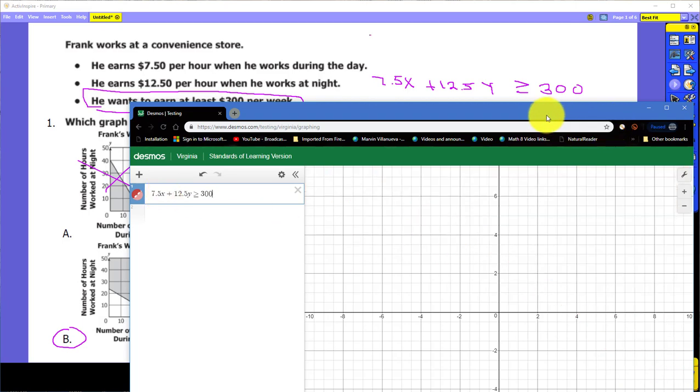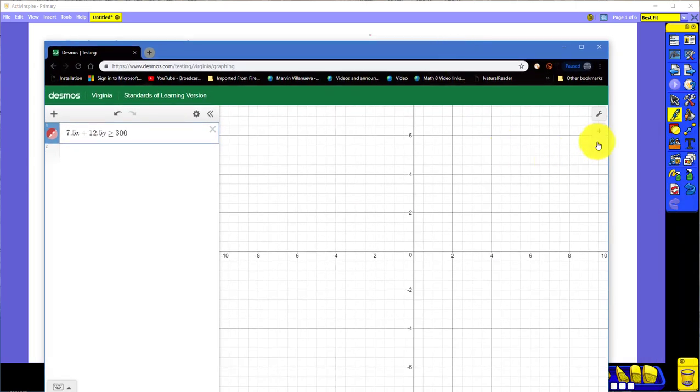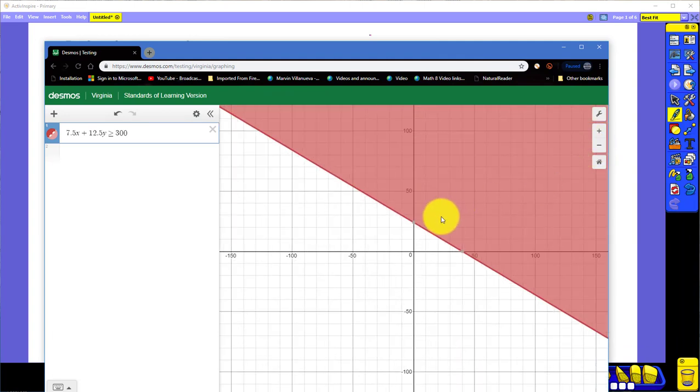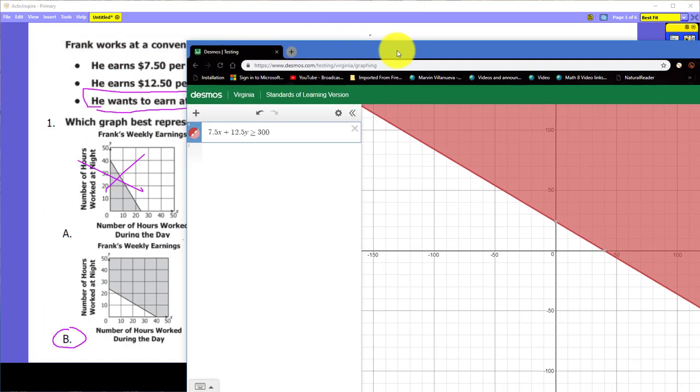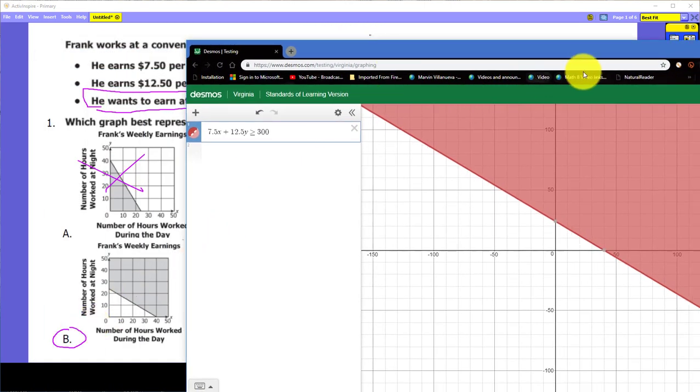Okay, we need to zoom out. Alright, so it seems like this is our line and the shaded area is above this line. So this confirms that the answer is option B.